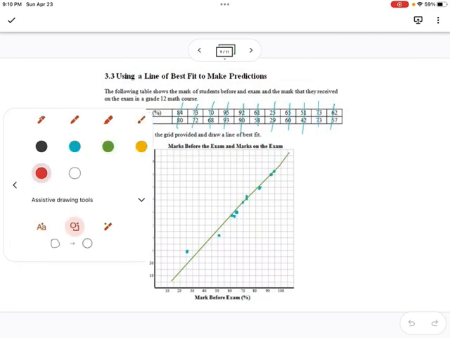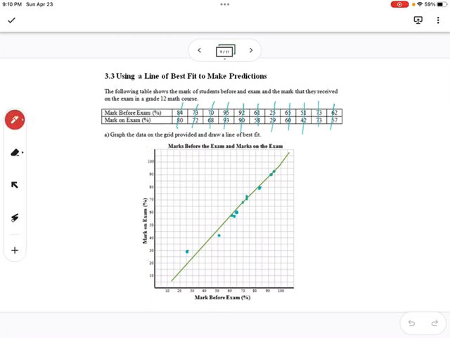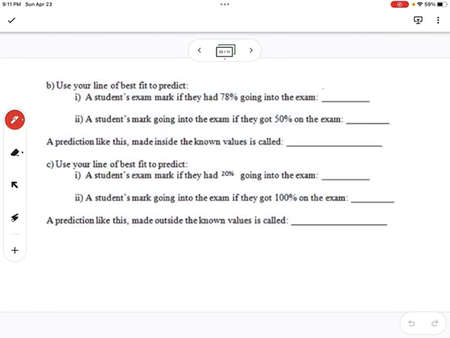So looking at this here, if they were starting at a 78, that's going to be around here. We can go up to our line of best fit to be able to predict. And we notice that it's going to be somewhere around the 75% mark. And a student's mark going into the exam if they got a 50 on the exam.